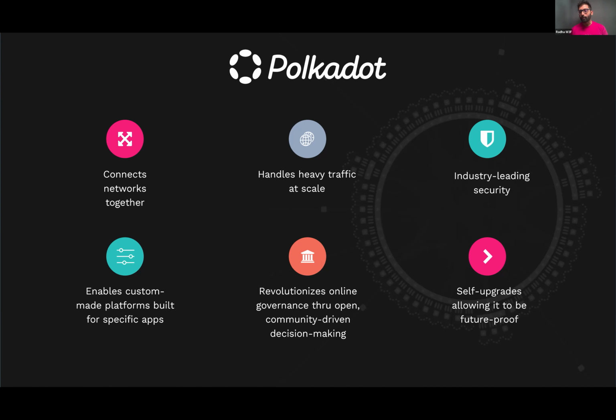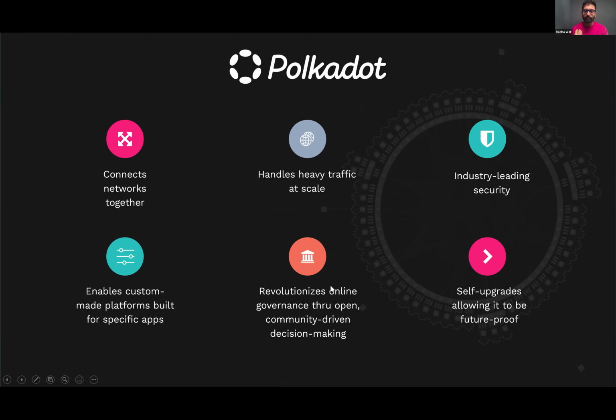So each ecosystem boasts a level of TPS, transactions per second. So you really have to see how many transactions are actually for the application and utility rather than the network consensus or others. We're going to talk about security. And enabling custom-made platforms, it's through Substrate.